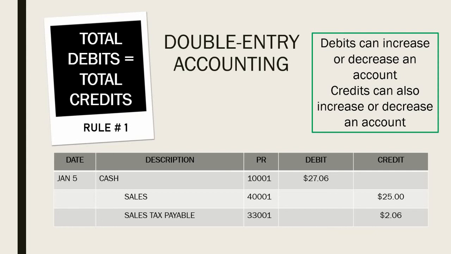Okay. So here we're going to be understanding that when we're dealing with accounting in QuickBooks, or accounting in general, we're going to be utilizing the double entry accounting system. So what that means is, again, I gave an example.